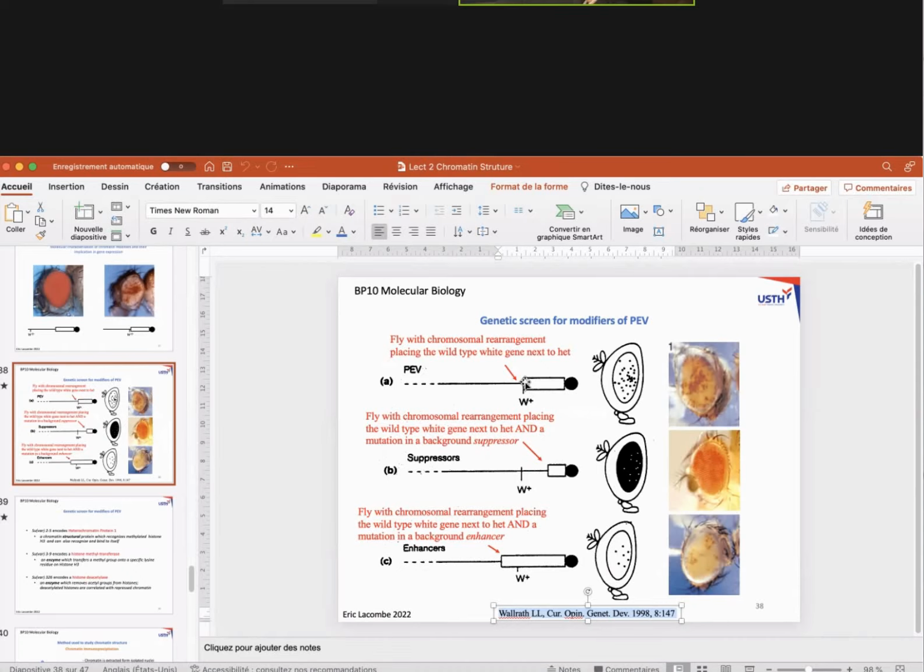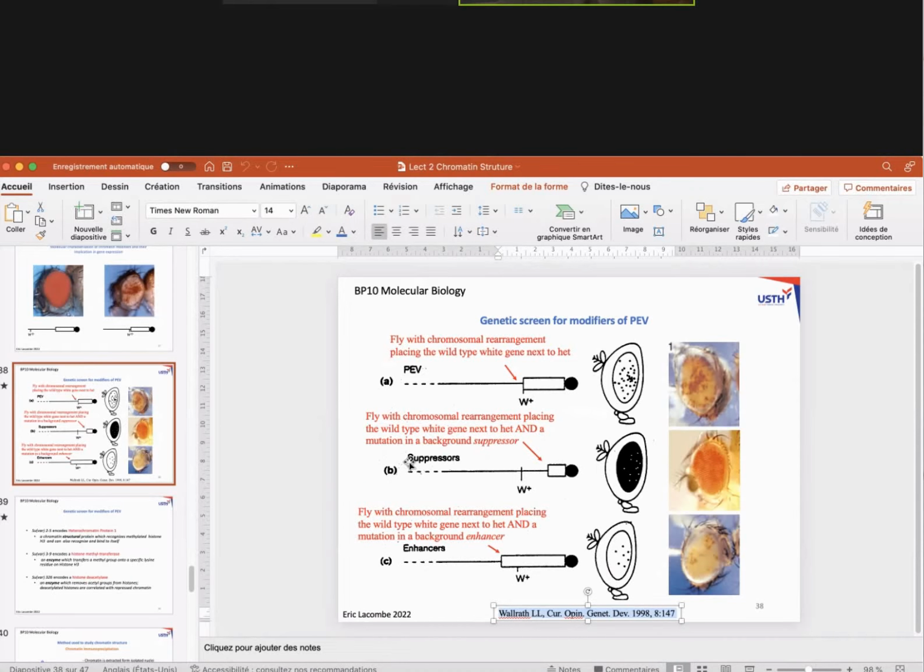You generate mutants from this genetic background, and you have two types of behavior: either a phenotype in which you suppress the phenotype, because you revert to the wild type, and another type of phenotype in which you enhance the phenotype. You've got almost completely white eyes.